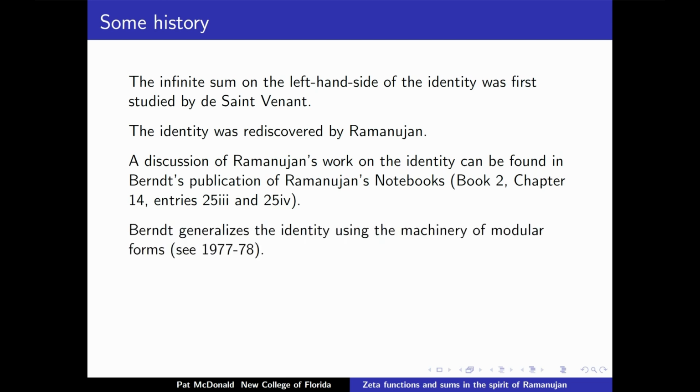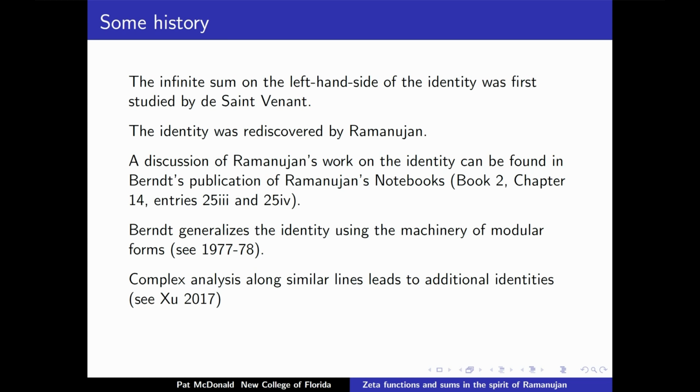Okay. And in fact, what Berndt noticed was that you could generalize those identities using modular forms and symmetry. So the fact that we saw that there was this identity that comes from this underlying symmetry is a general fact about forms that are invariant under the action of some finite group. Okay, that's what's really happening here.